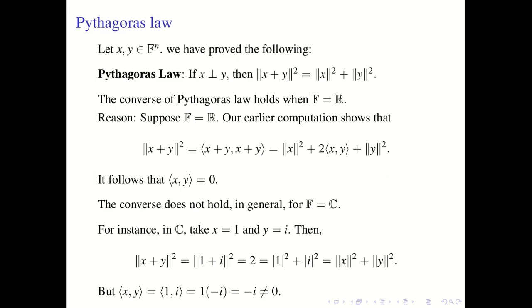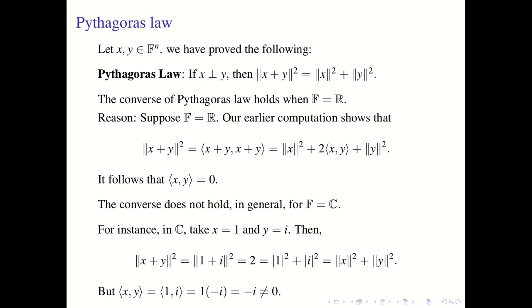This conclusion is called Pythagoras law. If x is orthogonal to y, then norm of x plus y square is equal to norm of x square plus norm of y square.